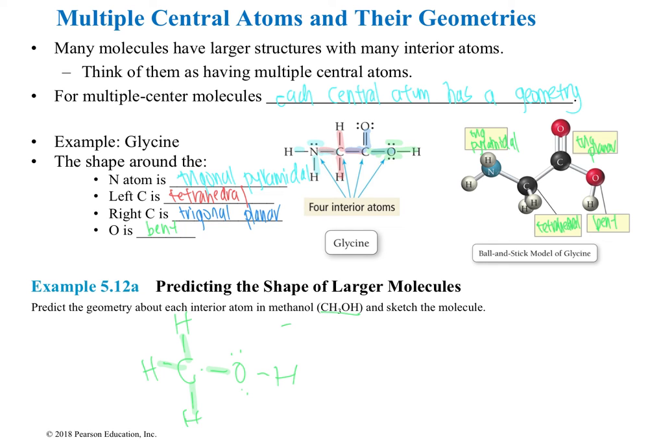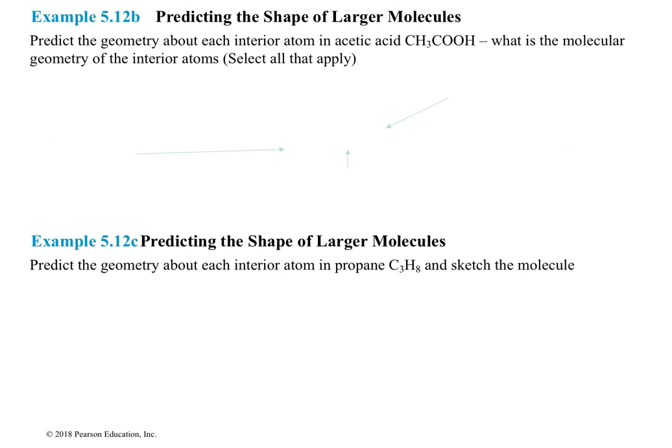All of them are atoms, so that's tetrahedral. Now in this oxygen, I have 1, 2, 3, 4. So tetrahedral electronic geometry, but 2 of them are atoms, so this one is bent. Tetrahedral bent.